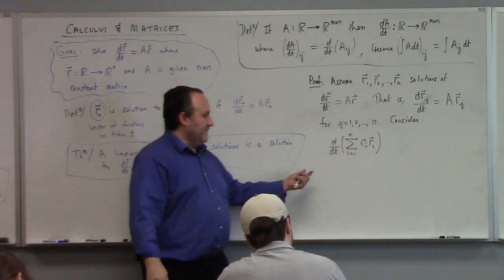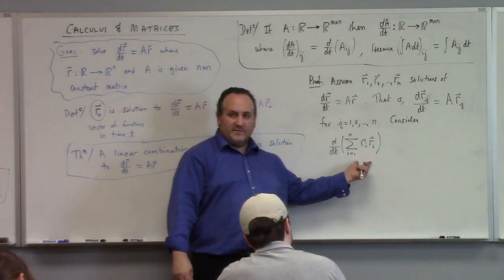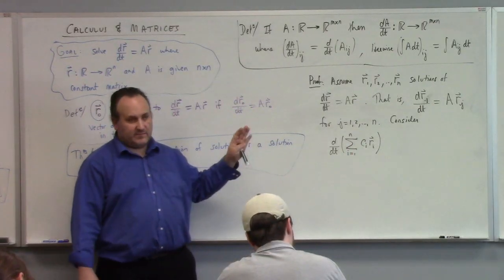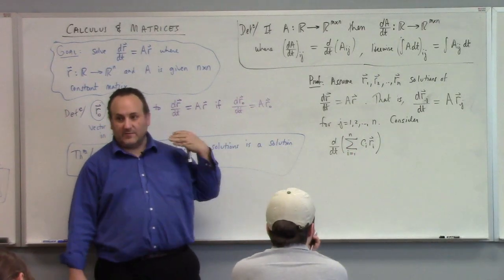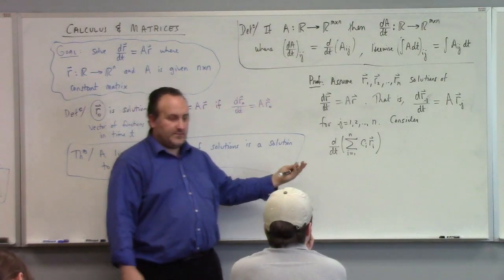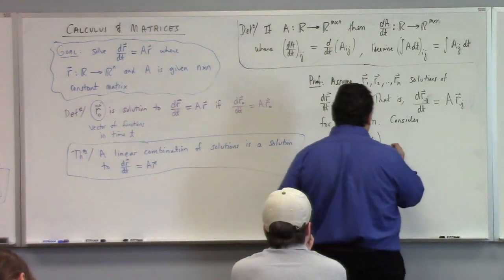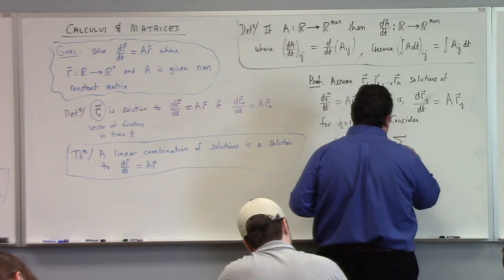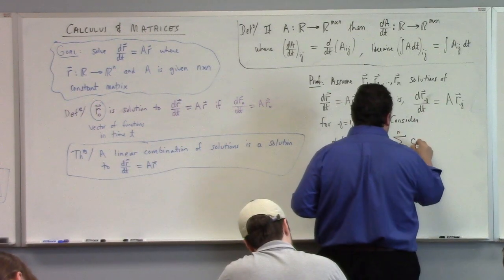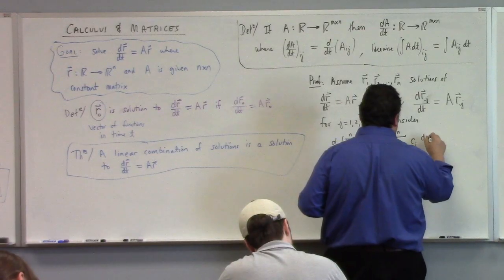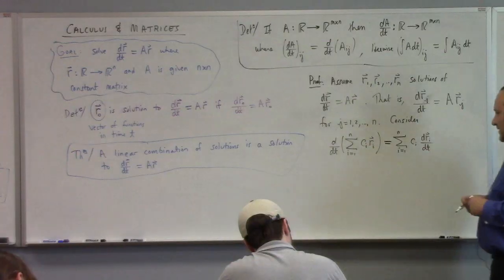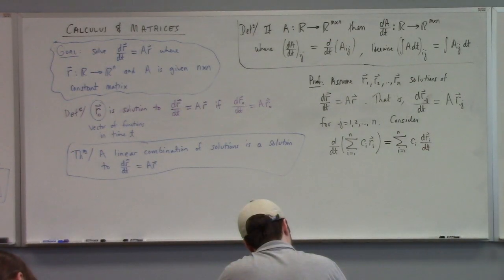If we have the derivative of a sum of vectors, and these are constants, the derivative works just the way it did in Calculus 1. We can pull constants out, and we can break over sums. So this is equal to the sum, i equals 1 to n, of ci dRi/dt. That's just by calculus.